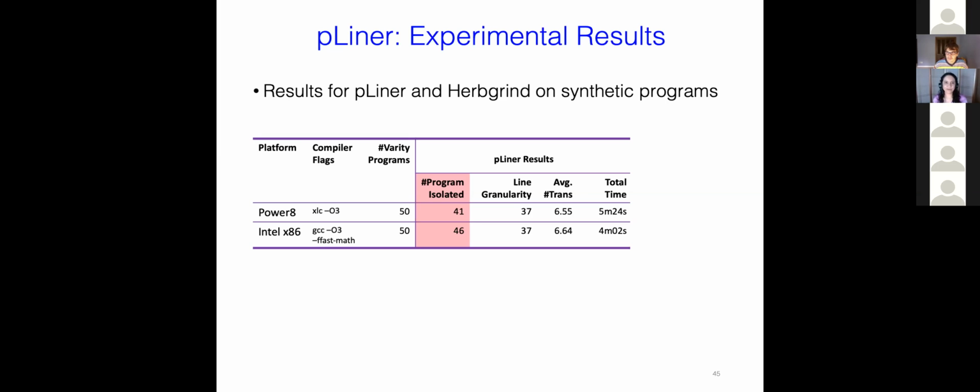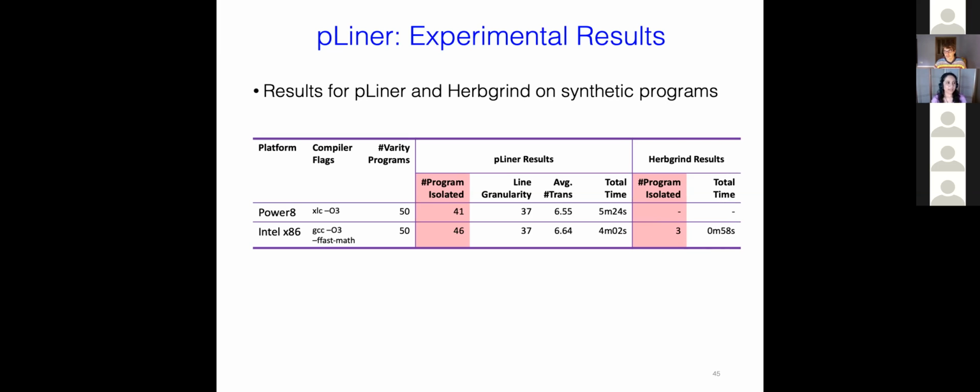These are synthetic programs, so they are smaller, and the runtime was very low. In terms of Herobrine, it doesn't provide support for Power 8, so we couldn't perform a comparison for those 50 programs, but for the x86, Herobrine was able to isolate the inconsistency for three of the programs.